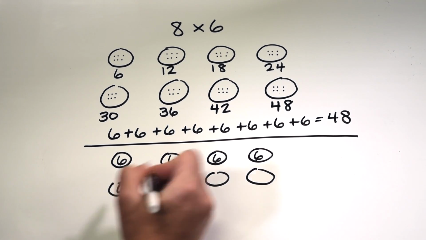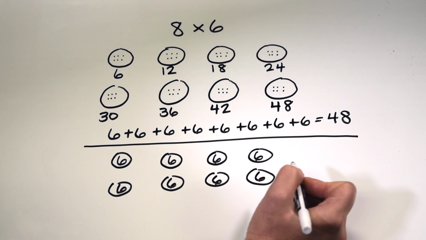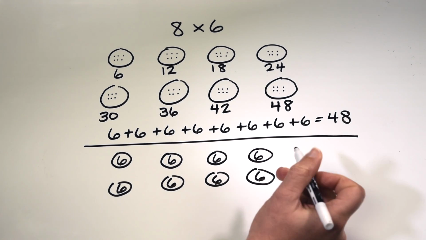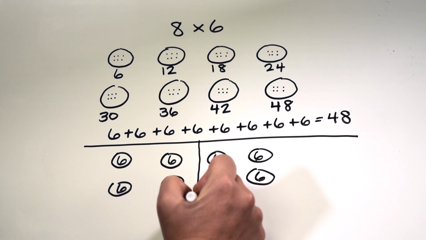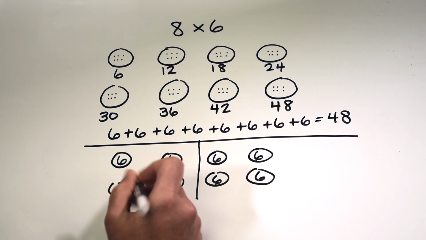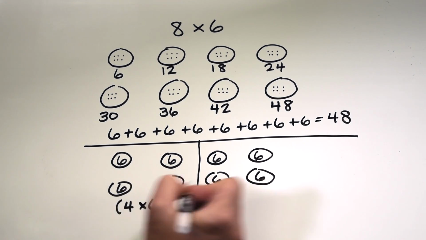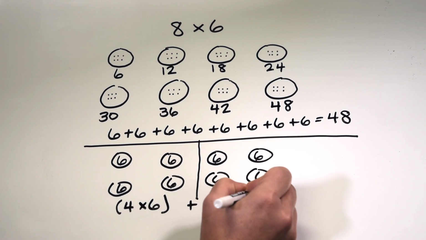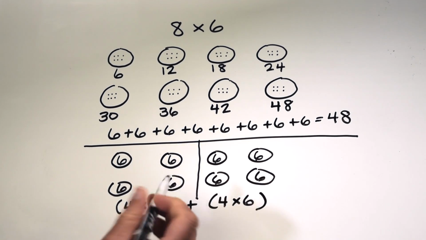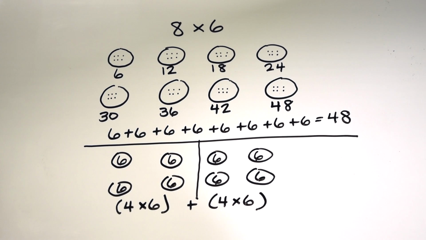We encourage students then to start looking for totals within the bigger total. For instance, students might see 4 groups of 6. And once they see those bigger groups, it becomes more efficient for them to solve.